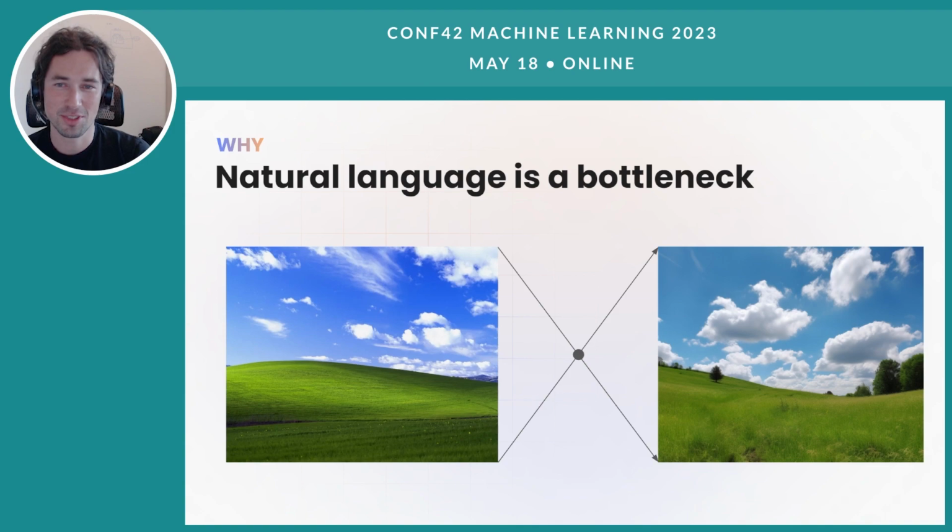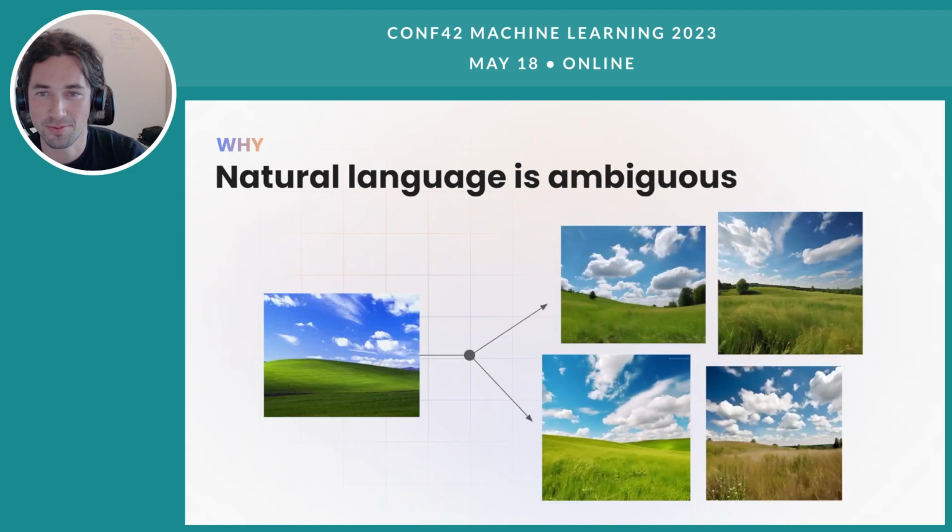And in this demonstration, we see how natural language is a bottleneck of communication. It's a very imperfect way to describe stuff, and it misses the nuance. It's very hard to describe small changes in the input in a way that is preserved in the output. So this is a problem of language.